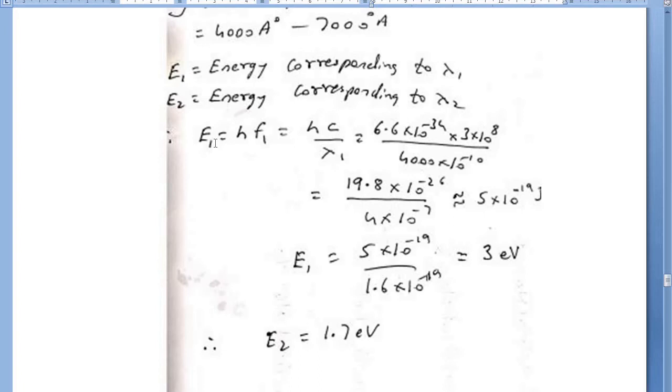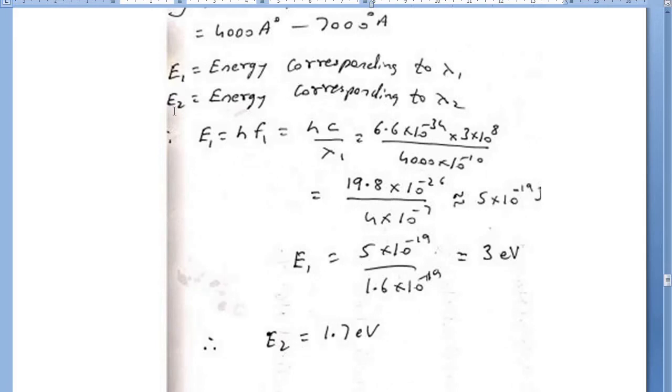We first calculate E1. E1 is h f1, and f1 is c upon lambda 1. We know h, Planck's constant, is 6.6 into 10 to the minus 34, and c, the velocity of light, is 3 into 10 to the 8 meter per second. After calculation we get 5 into 10 to the minus 19 joules, which we convert into electron volts by dividing by 1.6 into 10 to the minus 19. We get 3 electron volts.